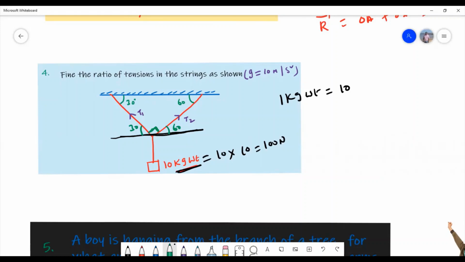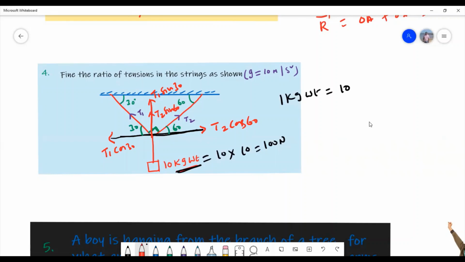Now let us resolve the tensions into components. This component will be horizontal: T1 cos 30, and its vertical component is T1 sin 30. Again, in this direction T2 cos 60 and the vertical component is T2 sin 60.